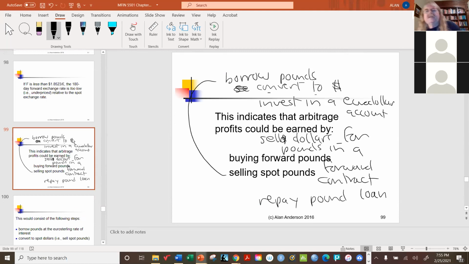So you're just reversing everything. The only difference here is that your profit would be denominated in pounds instead of dollars, but it's still a risk-free profit, because now the forward pounds are underpriced relative to spot pounds.